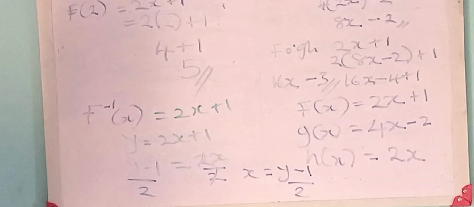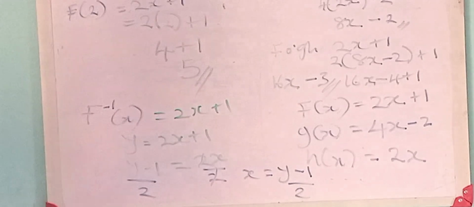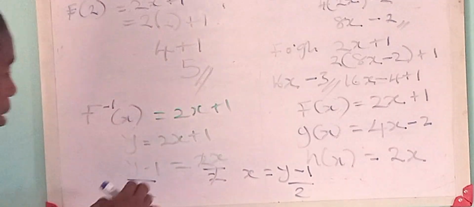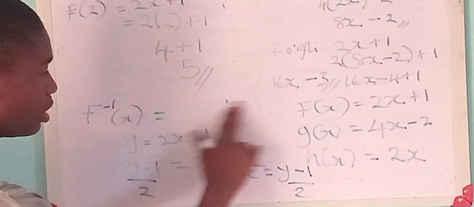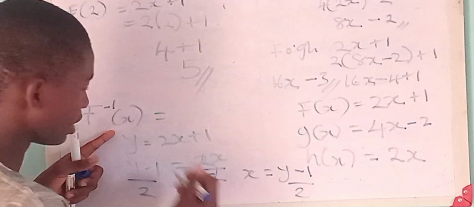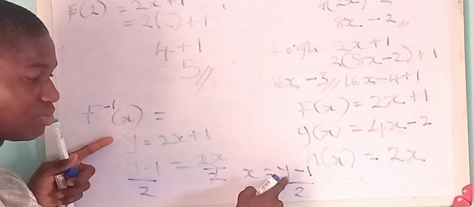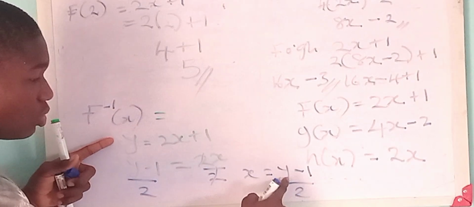Now, since from the question what I was asked to look for is f inverse of x, from this place I'm going to be having my f inverse of x is going to be given as this place is now going to be changed back to what it was supposed to be. So this is supposed to be x now.